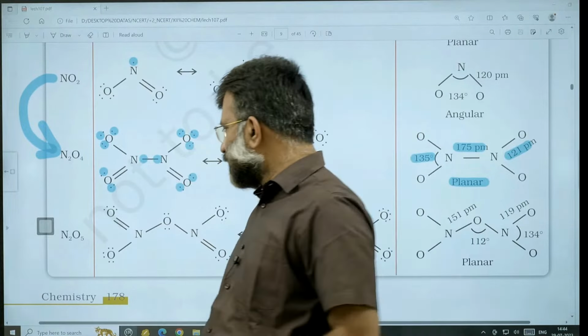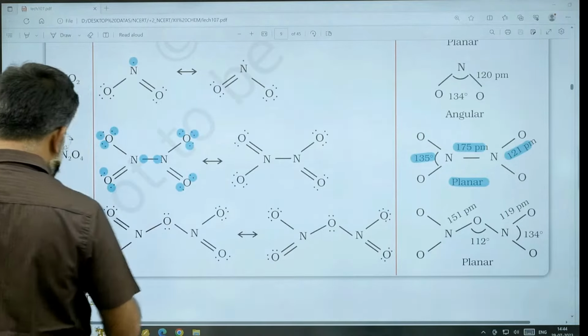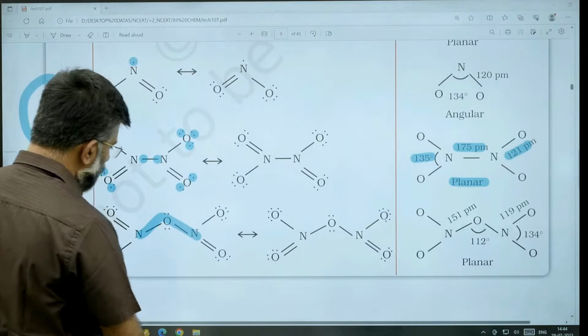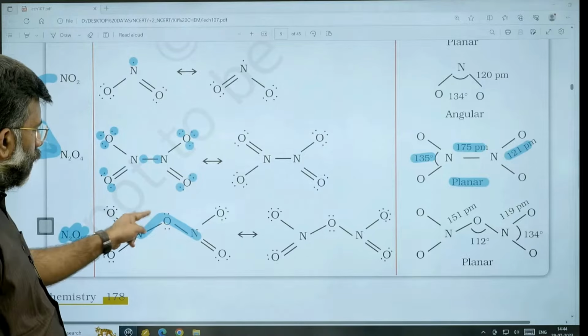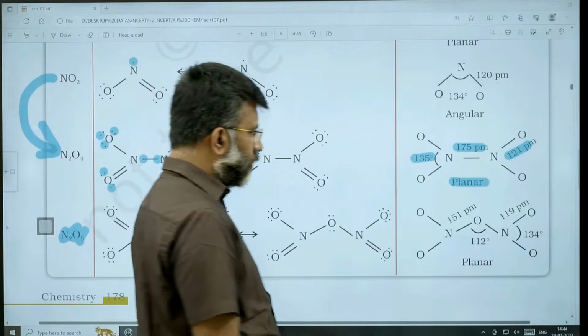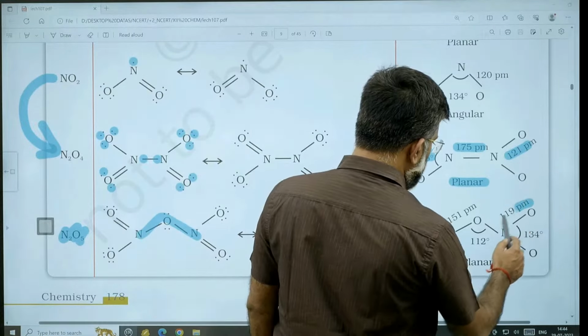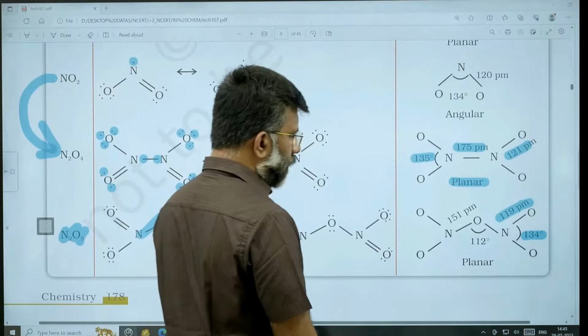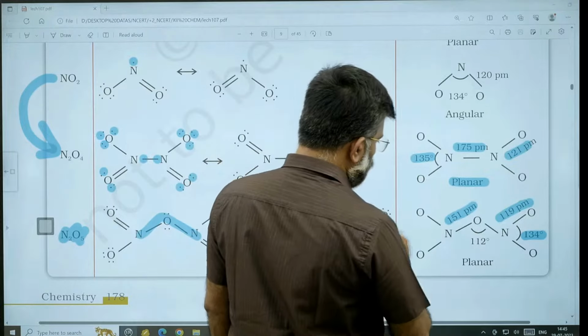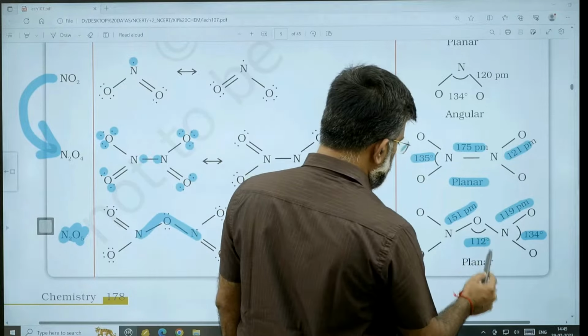Okay. Next, N2O5. N2O5 has a speciality, I don't have to tell you. It carries an N-O-N bridge. There is an N-O-N bridge quite naturally, so there will be 2 kinds of bond length. This NO bond length is 119 picometer with 134 degree. This bond length is 151 picometer with 112 degree.